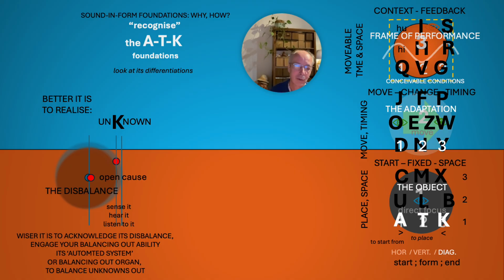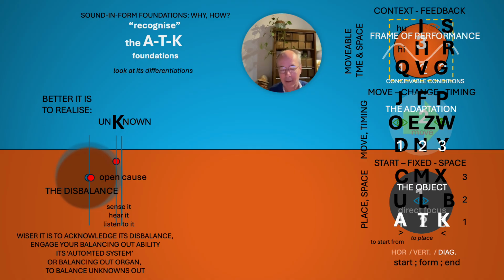You sense it, you hear it, you listen to it, and you figure it out because of this openness, because then you gradually will sense what it is dealing with its automated system, that it will go to finalize itself on its own. It also will follow this automatism that it will balance itself out, even the unknowns.